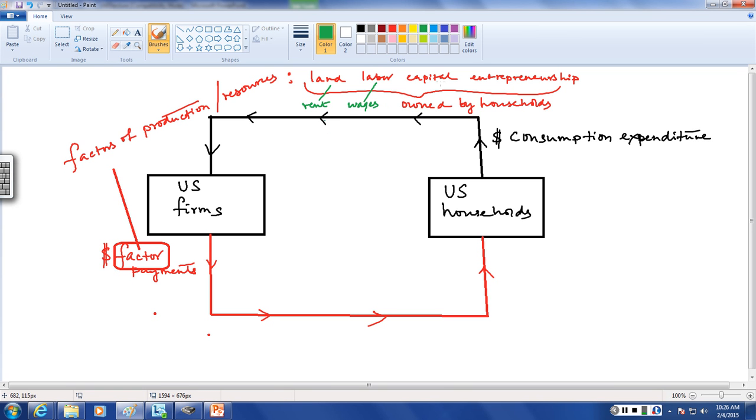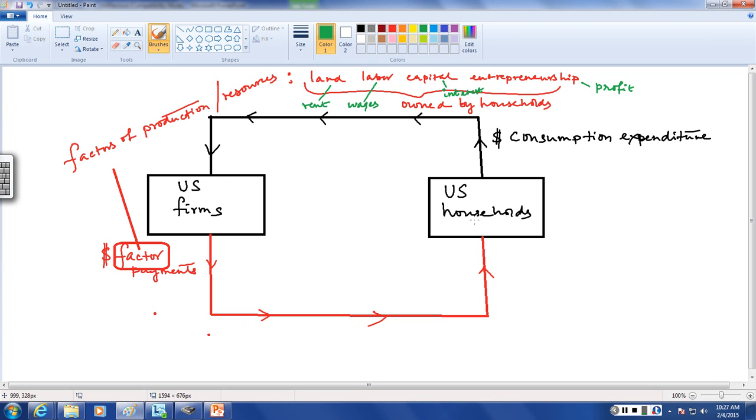The owners of capital are paid what's called interest. And the owners of entrepreneurial talent are paid what? Profit. Correct? And these then make up our factor payments, which is money that goes from firms back into the pockets of households.